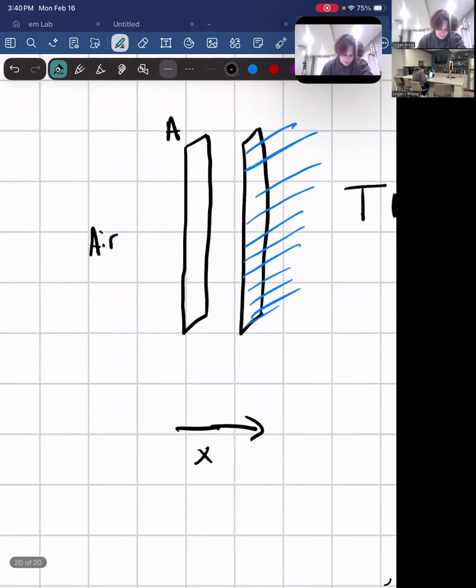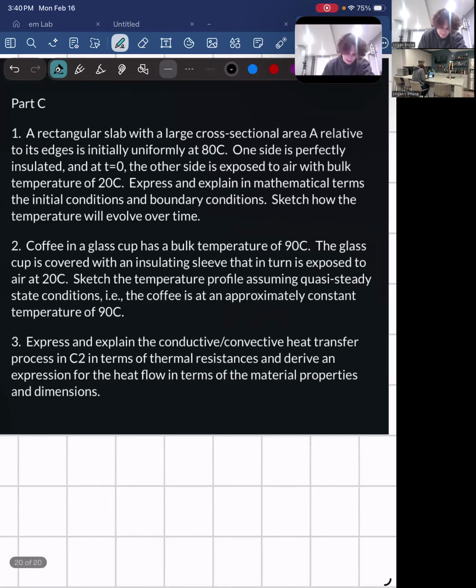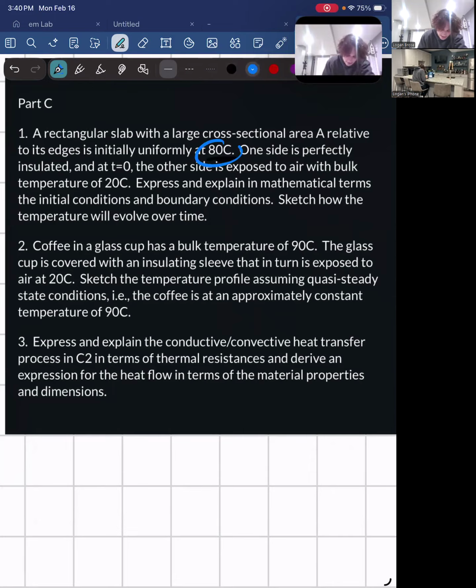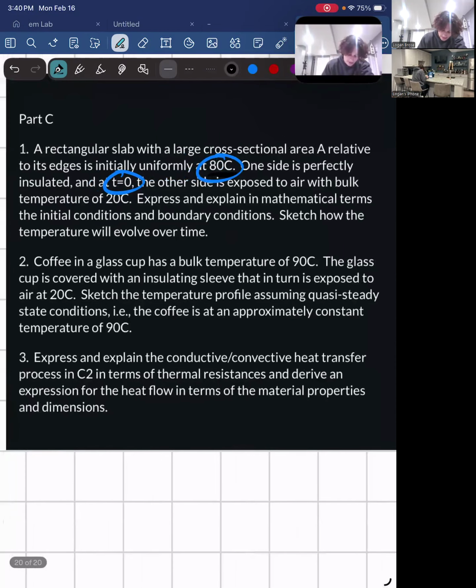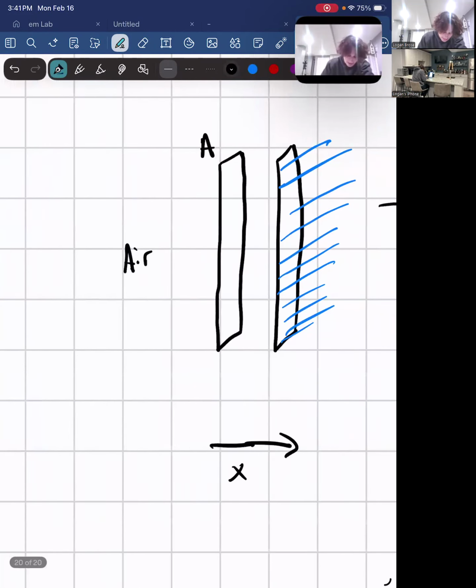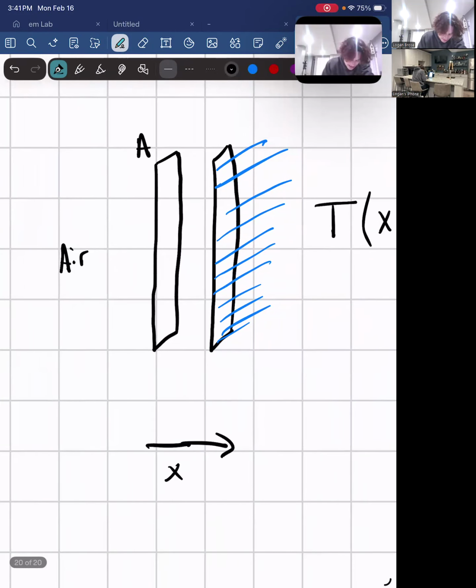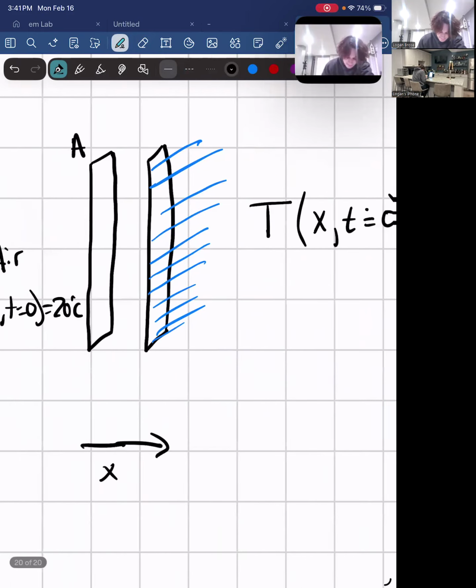We know that from this section here, right? 80 degrees, time equals zero. And then we know the air side is exposed to the air at a temperature of 20. So we know that anywhere within the air at time equals zero equals 20 degrees, right?